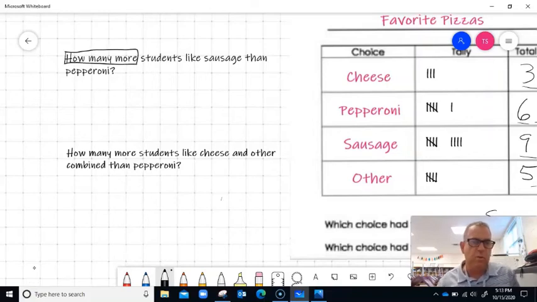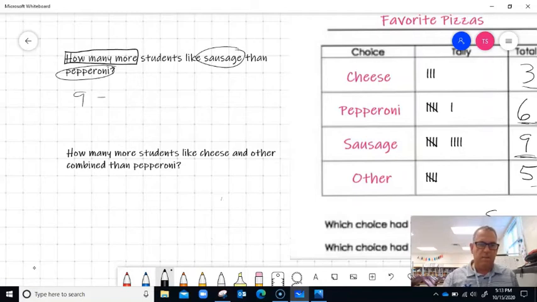That is a key word for subtraction. So I'm looking for sausage and pepperoni, and I'm going to look for the larger one, which is sausage, which was 9. And pepperoni was 6. So my subtraction sentence looks like 9 minus 6.